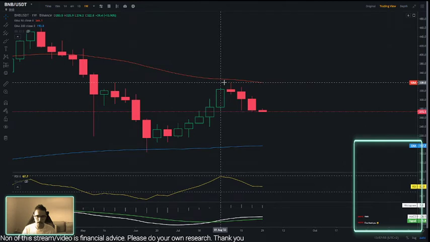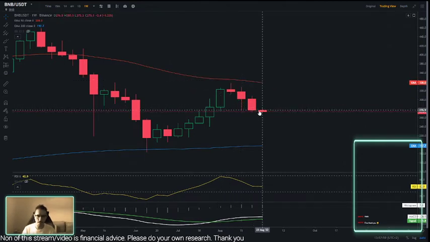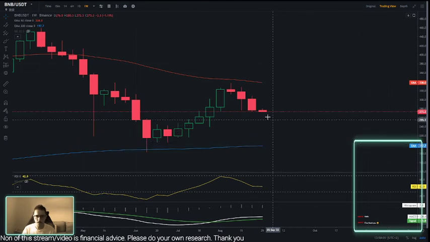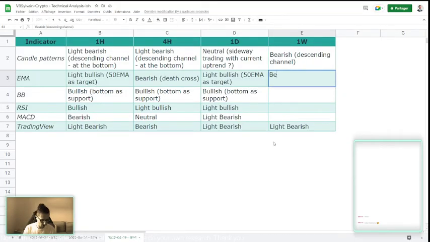So we tried to push above, we were rejected, and we might go downward in the next week, trying to fight the 200 exponential moving average as support. So that's bearish as well. Bearish, 50 as resistance and 200 as support.